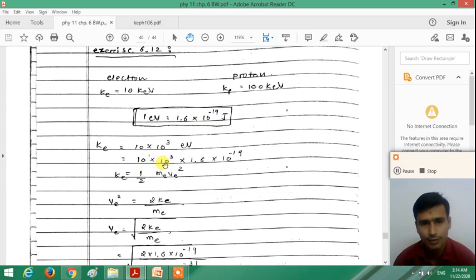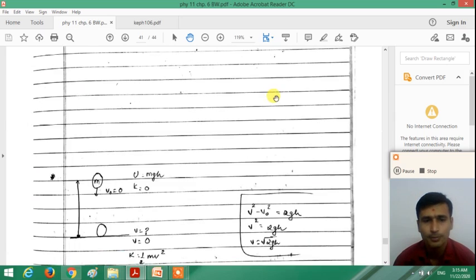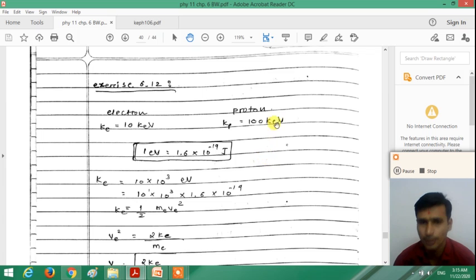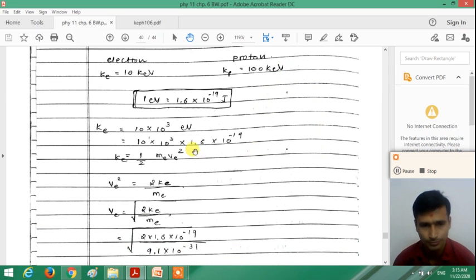So 10 into 10 raised to 3 into 1.6 into 10 raised to minus 19 joule. That is the kinetic energy of the electron. Similarly, you calculate the kinetic energy of the proton. Kinetic energy of the proton is 100 kilo electron volt, 100 into 10 raised to 3 electron volt, 100 into 10 raised to 3 into 1.6 into 10 raised to minus 19 joule.